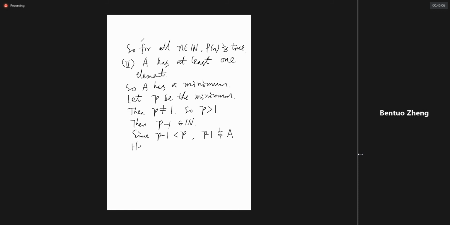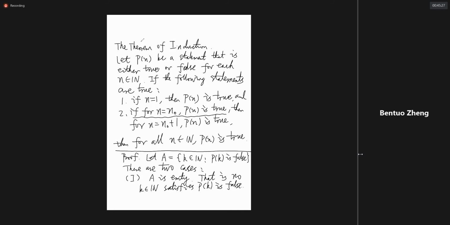Hence, the statement P of P minus 1 is true because P minus 1 is not in A. However, if you look at the second condition for mathematical induction, if Pn is true for some n0, then Pn is true for n0 plus 1.